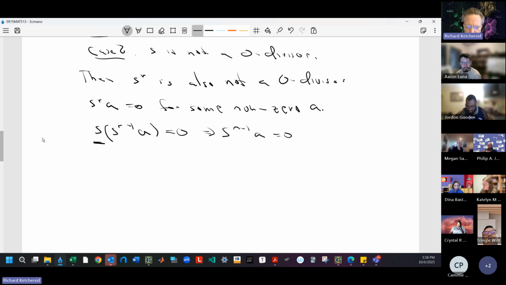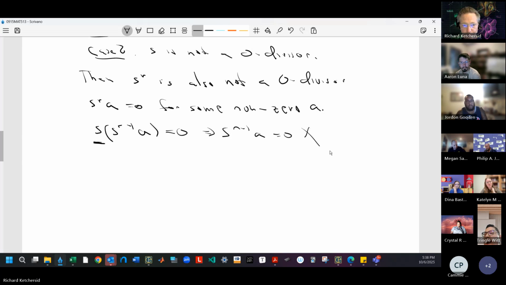Yeah, okay, let me pretend I was doing induction. I could minimize the least counterexample, or I can do an induction. So suppose I knew that S to the R minus 1 is not a zero divisor. If S to the R minus 1 was not a zero divisor, and we know that A is not 0, then this thing can't be 0, so that would be a contradiction.